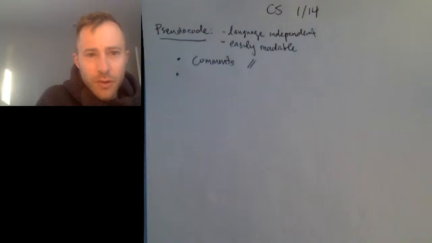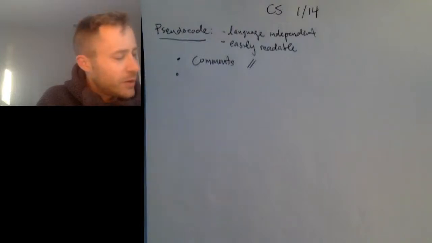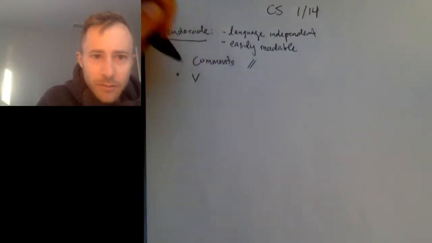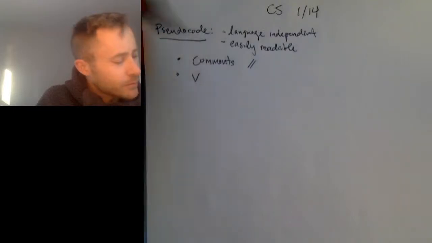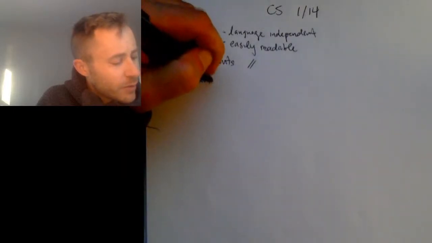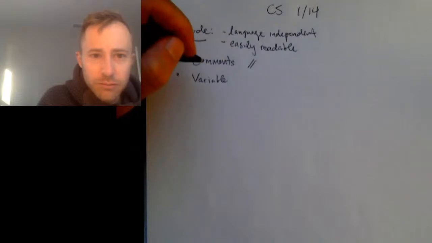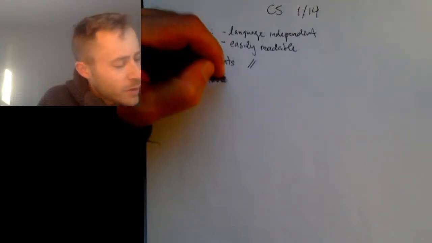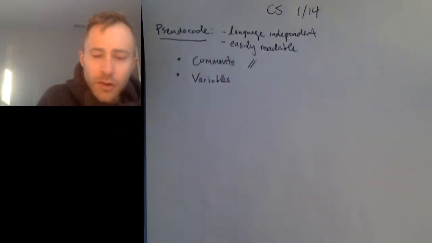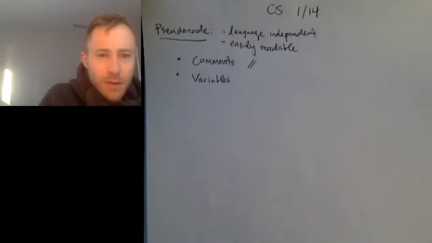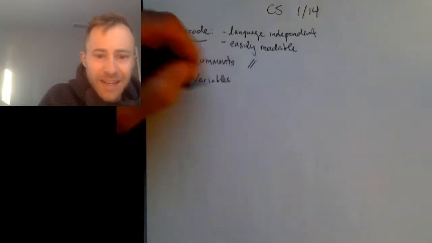The IB pseudocode has a limited list of variables compared to other programming languages. So really, you're only going to have use for the following data types.